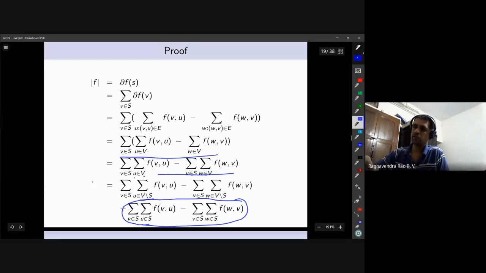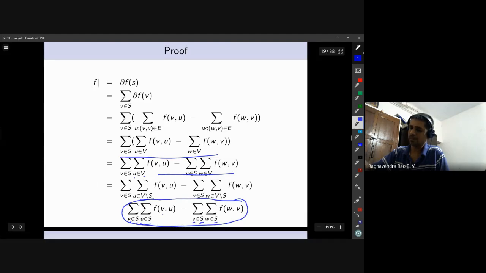For any vu, the same thing f(uv) will appear with the negative sign here, because you're running through all elements in S in both summands.